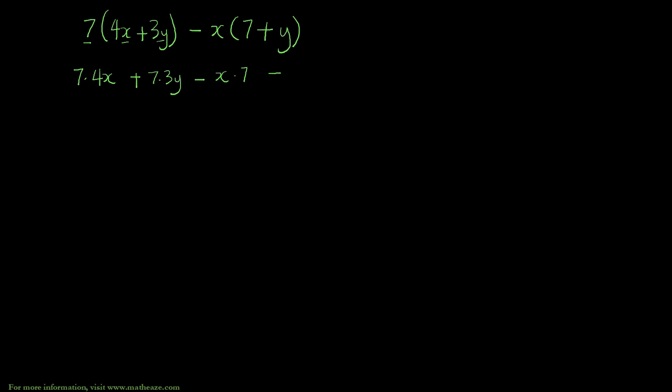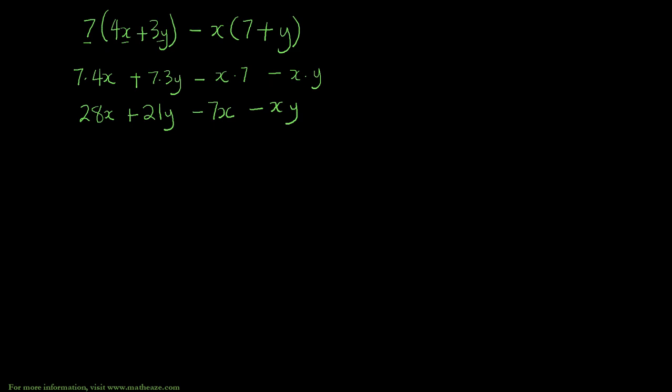Because you have a minus and then a plus here, the resulting term is going to be negative, so negative x times y. So 7 times 4x gives us 28x. 7 times 3y gives us 21y. 7 times x gives us 7x, and then we have xy. Now we have the expression in an easier format to group like terms.